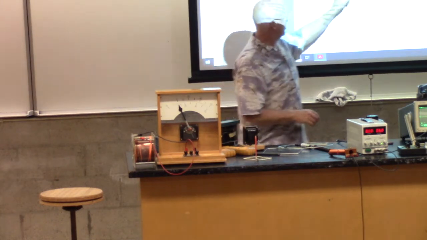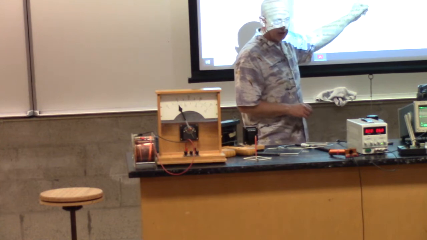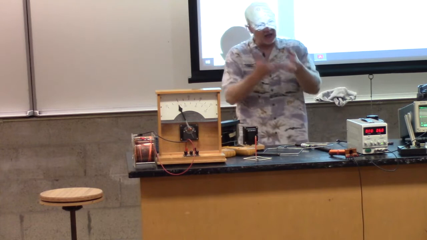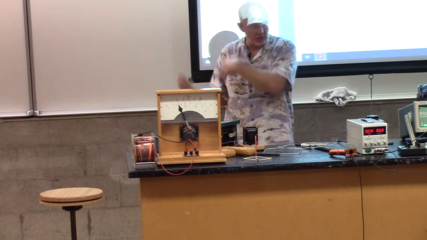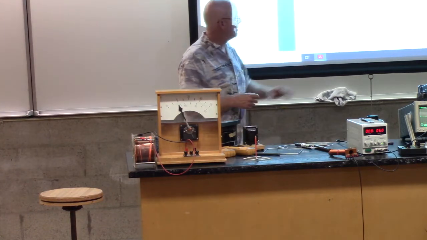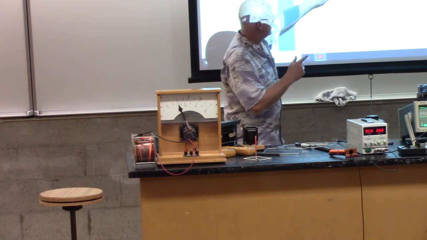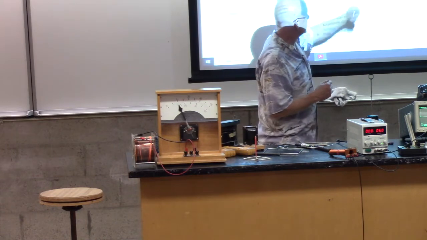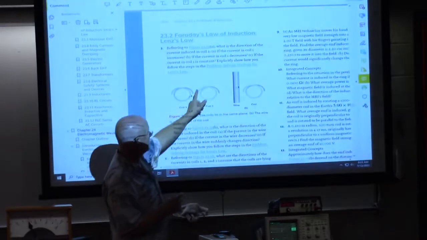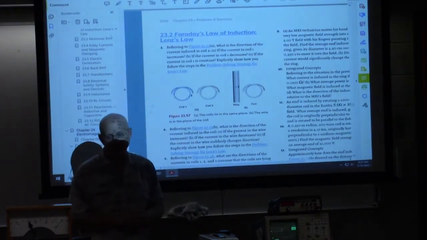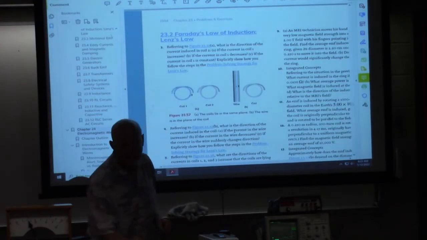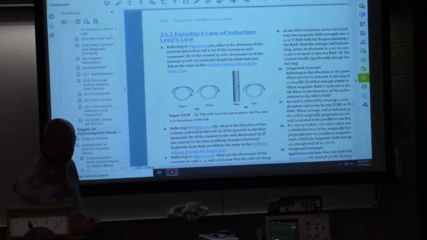So the current will be set up in the secondary in whatever direction is necessary to get the flux back to what it originally was. And so that's why when we turn the current up, we get a counterclockwise direction. And when we turn this current down in the primary, it goes the other direction. Wants to keep it back the way it was. It opposes the change.